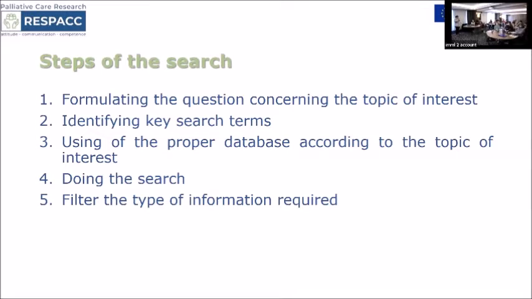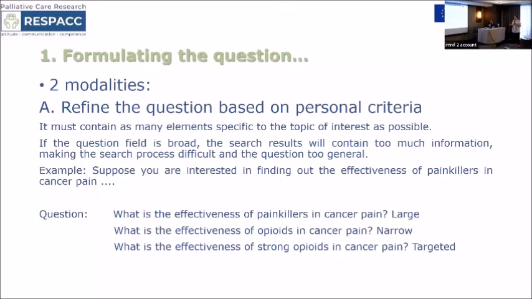Probably for us, when we don't have access, maybe through our institutions, to open access or to all kinds of journals, maybe one filter would be, give me those articles which are full text, yeah? And the database can do that for you. Okay, so now starting with the question.